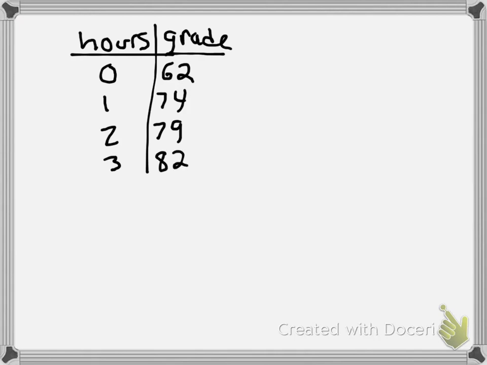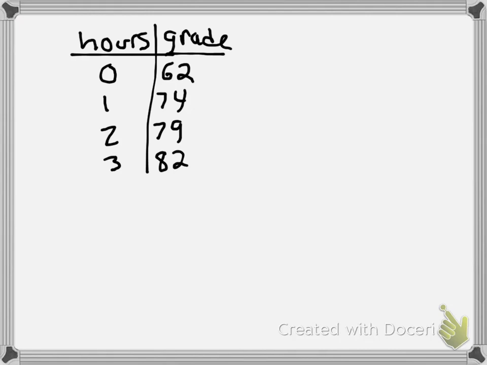Okay, so we could go through, find our correlation coefficient, our R value. We could also go through and find our line of best fit, which we will. But often just finding the line of best fit isn't the only thing we're trying to do. What we're usually trying to do is we're also trying to use that line of best fit to predict something in the future.